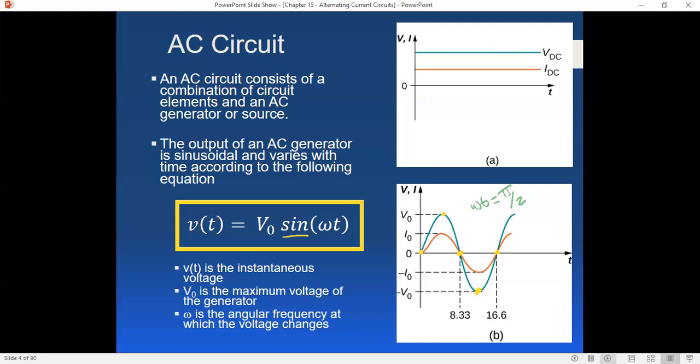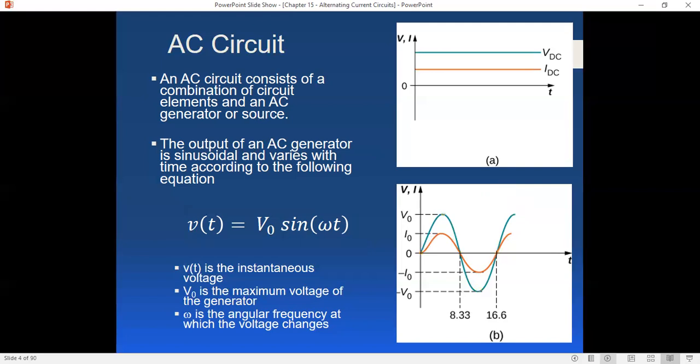Now, for your home in the United States, it's very important to point out that the frequency of oscillation is 60 hertz. So omega is 2 pi times f, and 2 pi is roughly 6, times 60, or roughly about 360 radians per second.